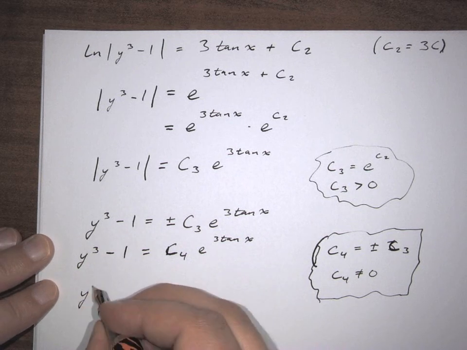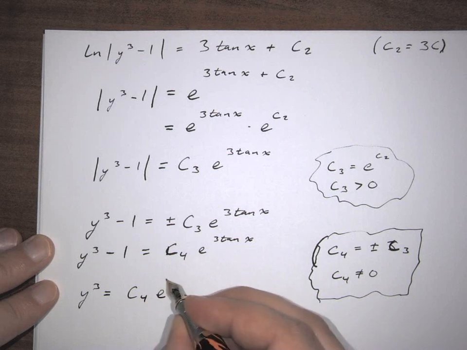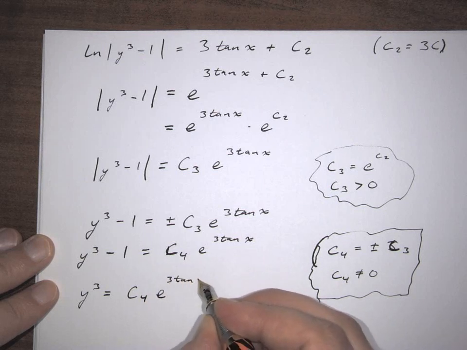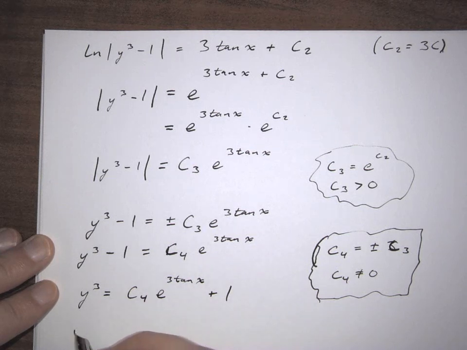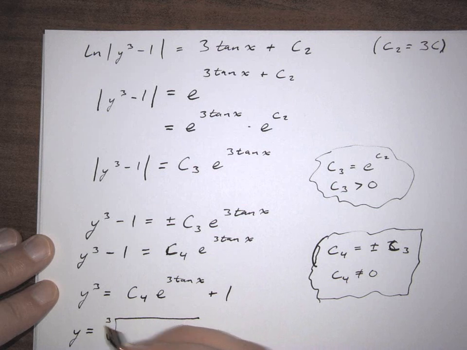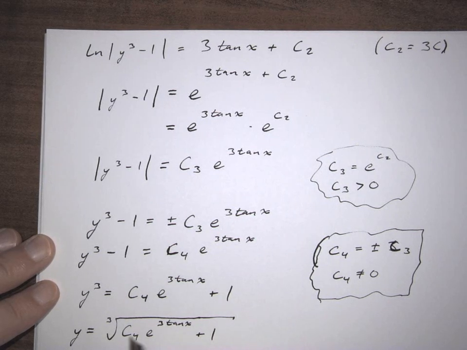Add 1 to both sides and we get y cubed is equal to c4 e to the 3 tan x plus 1, which then gives us y is equal to the cubed root of c4 e to the 3 tan x plus 1. And then that, we would not typically write it in this form.